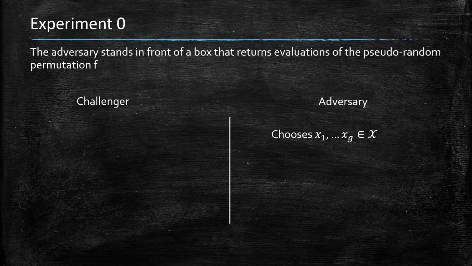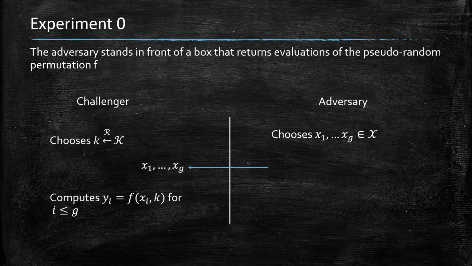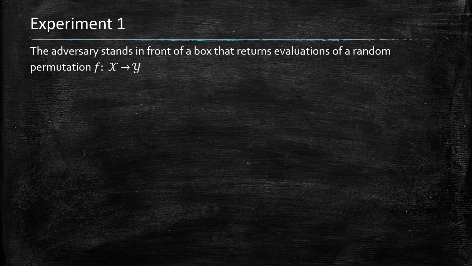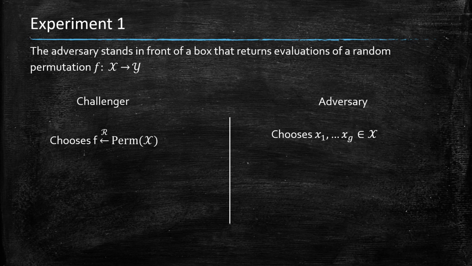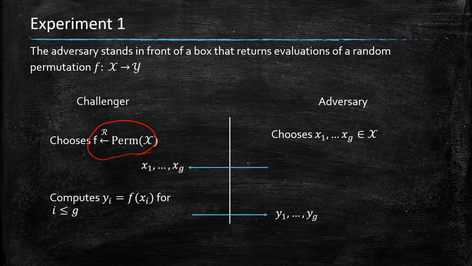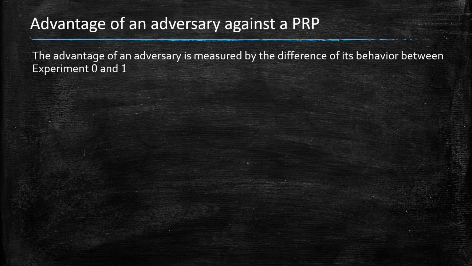In experiment 0, the adversary will receive an evaluation of the x_i's that they request under the pseudo-random permutation. And in experiment 1, the adversary will receive the evaluations of a function chosen uniformly at random among all the permutations.